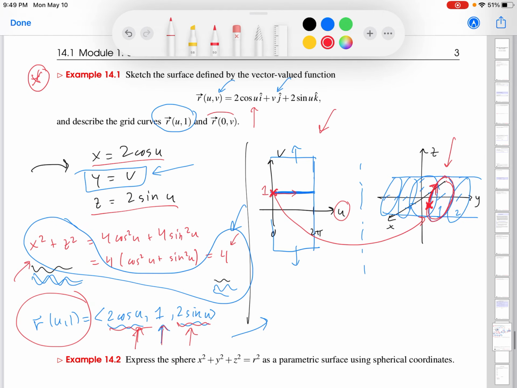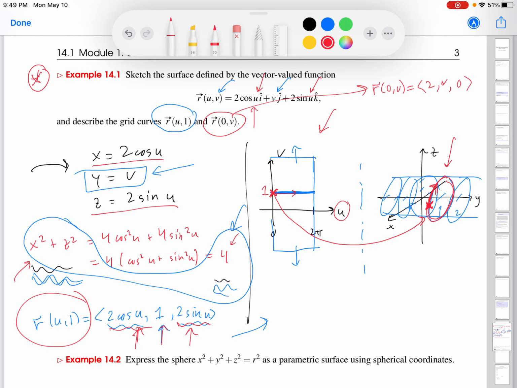So then let's talk about this grid curve. If we calculate this, this is r of 0, v. So I'm substituting in u equals 0 everywhere I see a u. So I get cosine of 0 is 1. So that's 2. And then v, I'm leaving it alone. And then back to here, if u equals 0, sine of 0 is 0.